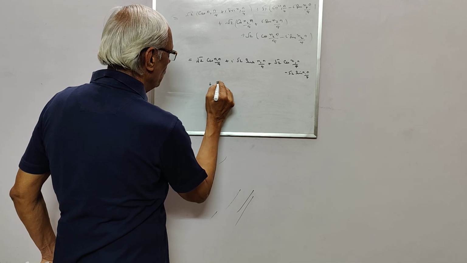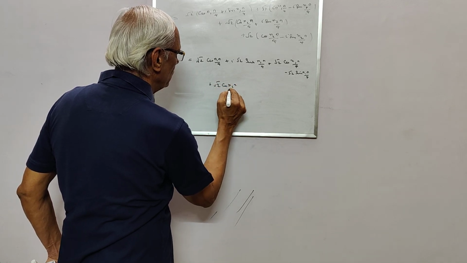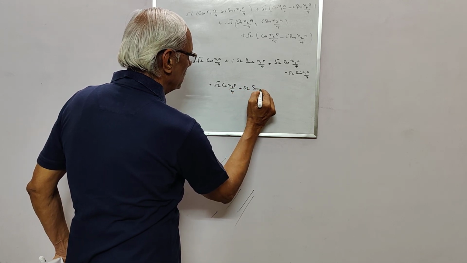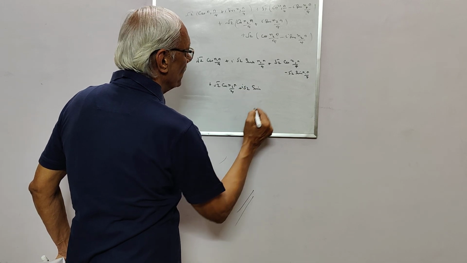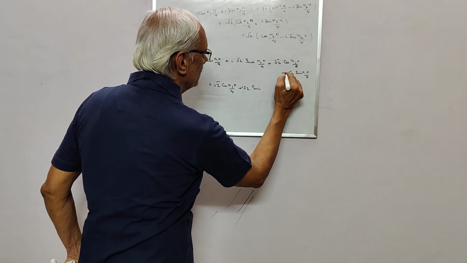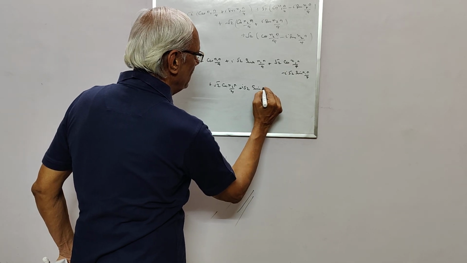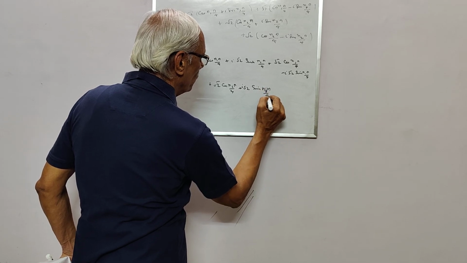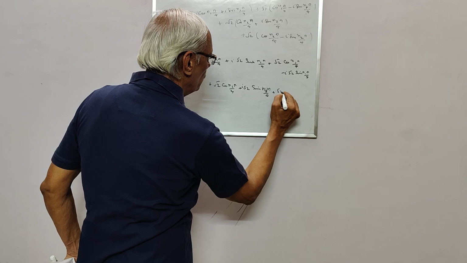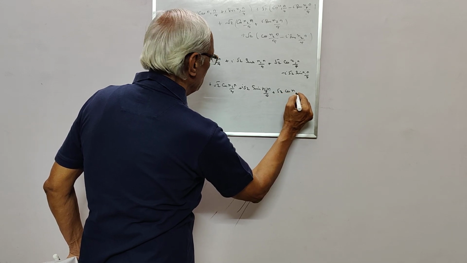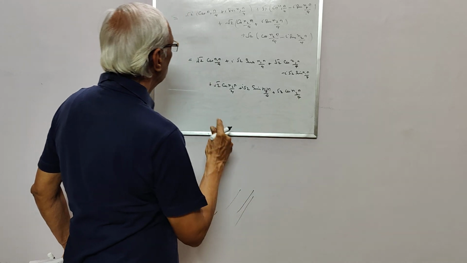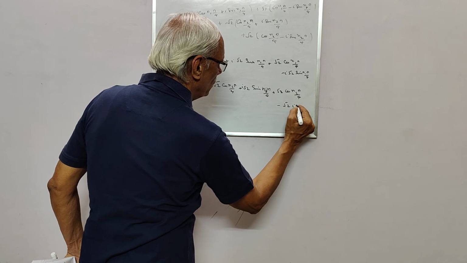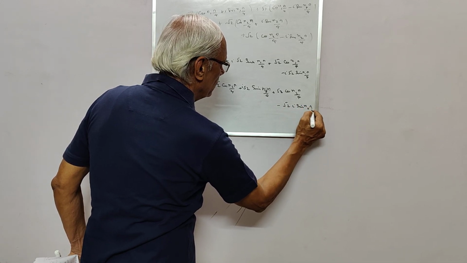Likewise, plus root 2 into cos n2 pi by 4 plus root 2 into i sin n2 pi by 4, plus root 2 into cos n2 pi by 4, then minus root 2 into i sin n2 pi by 4.